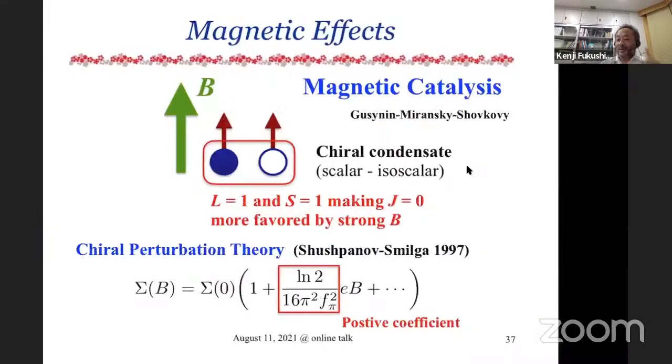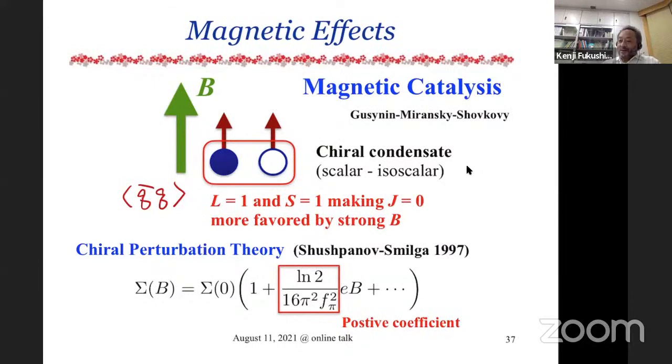And what is magnetic catalysis? This is the phenomenon that the chiral condensate is increased by the effect of the magnetic field. This is the cartoon of q-bar q. As I told you, q-bar q is the order parameter for the chiral restoration, the chiral phase transition. And this value is increases if you impose stronger and stronger magnetic field.